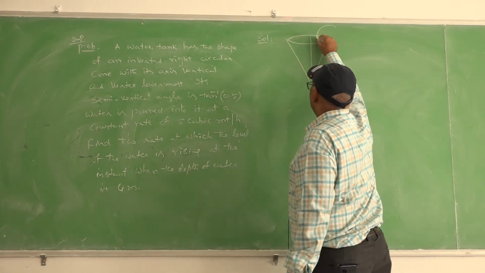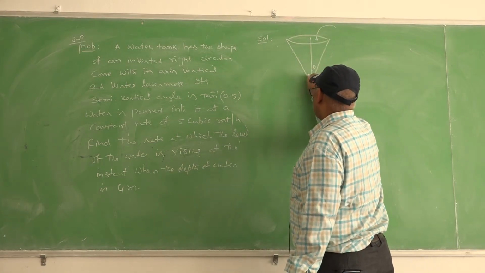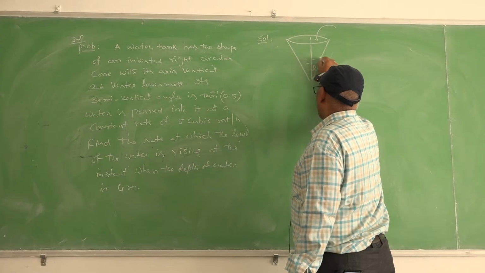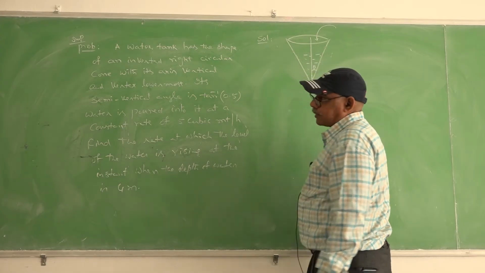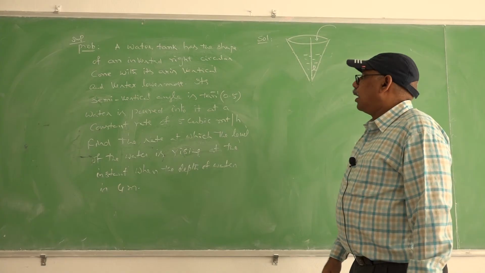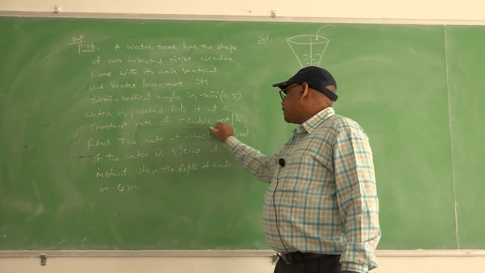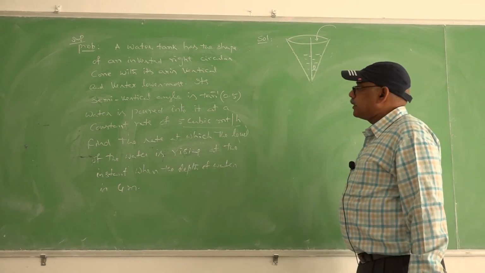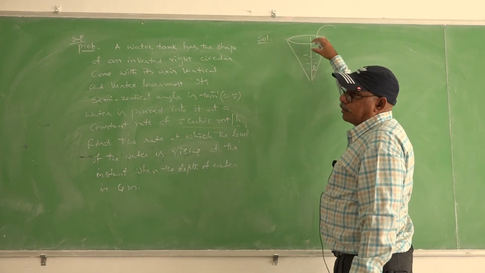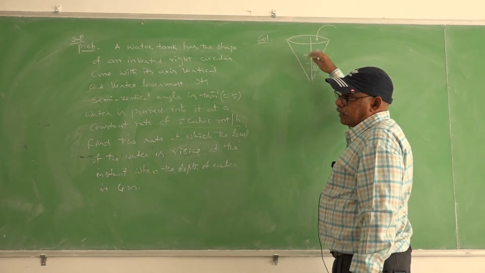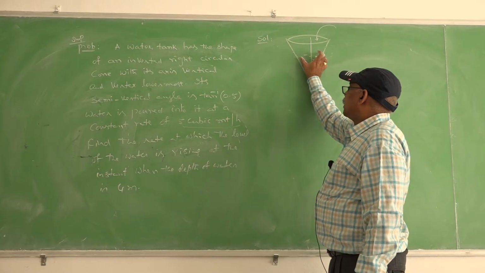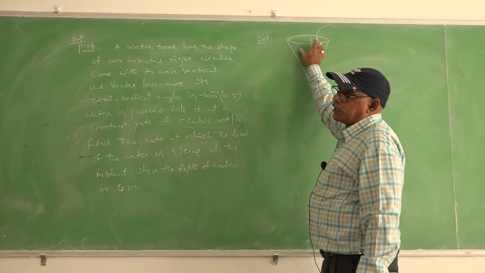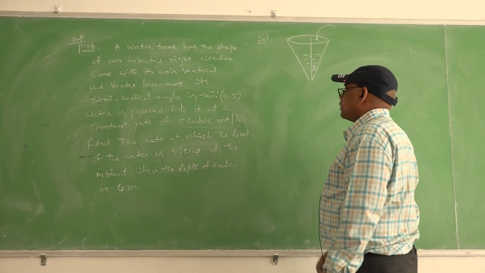Now water is poured in this funnel type vessel at the rate of 5 cubic meters per hour. That means once the volume of the water changes, the cone volume also changes.